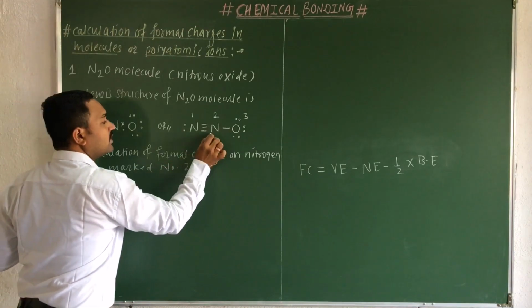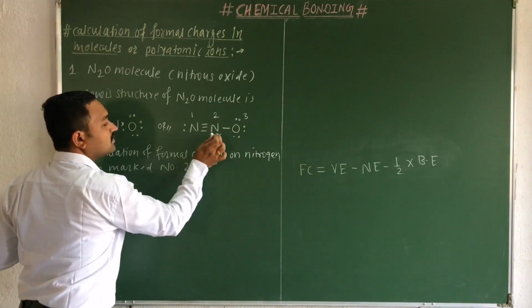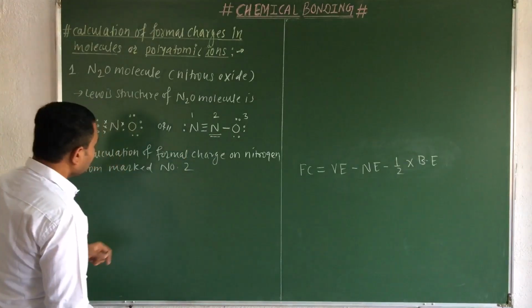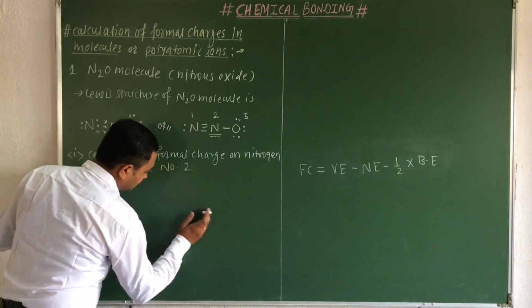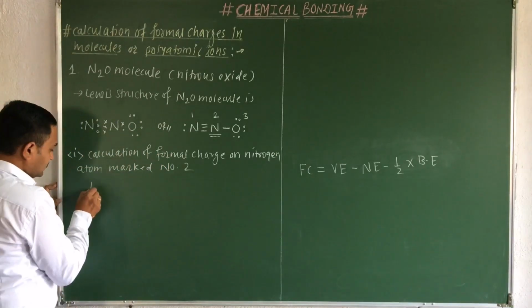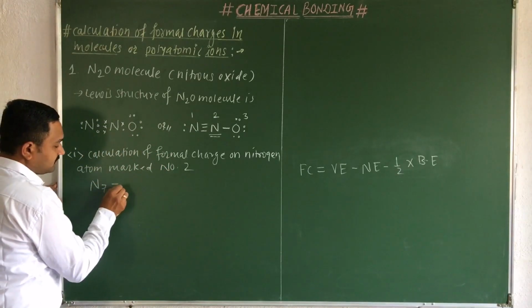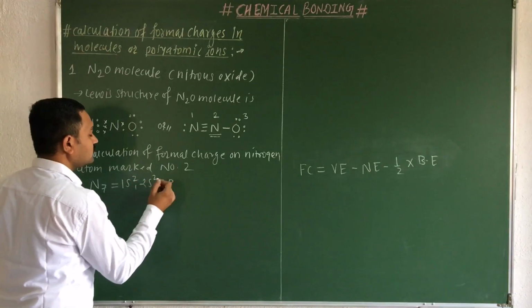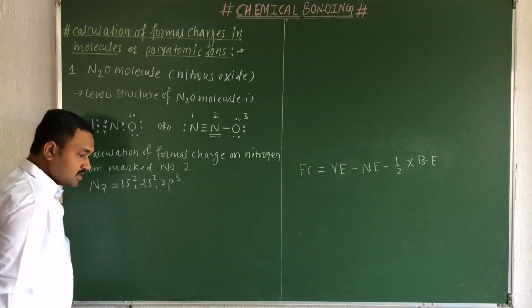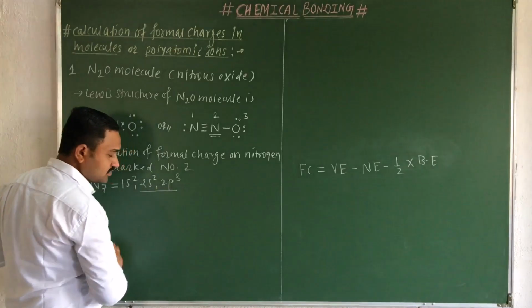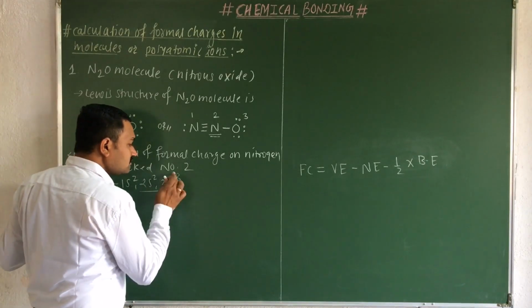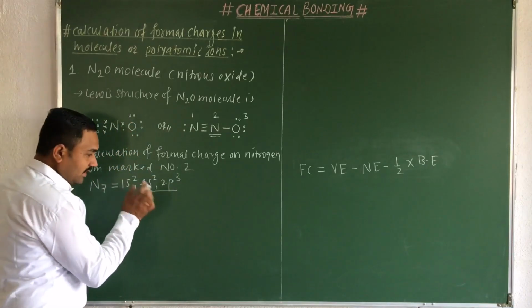Now we are going to find out the formal charge on this nitrogen atom. Here it is very easy. What is the electronic configuration of the nitrogen atom? That is 1s2, 2s2, then 2p3. So the valence shell is 2s and 2p, which will contribute to the valence electrons.